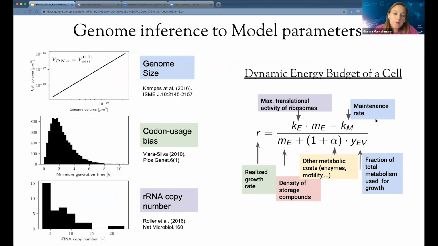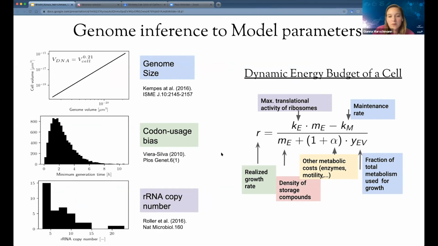So we infer cell size using the observation that it scales sublinearly with genome size across many diverse bacteria. And cell size is important because it scales the maintenance rate and the fraction of the total metabolism that is used for growth. So you're both highlighted in light blue.